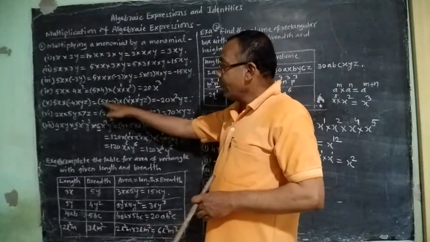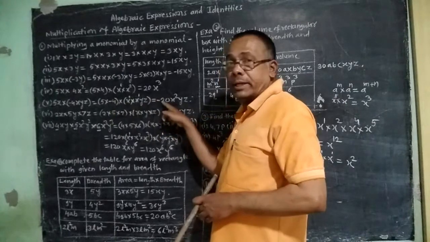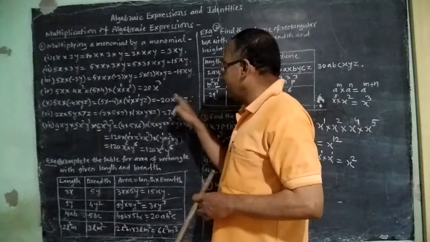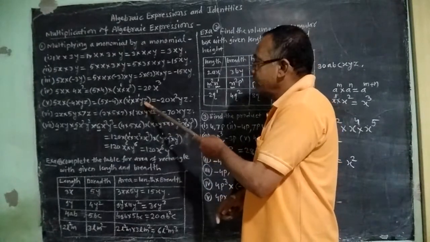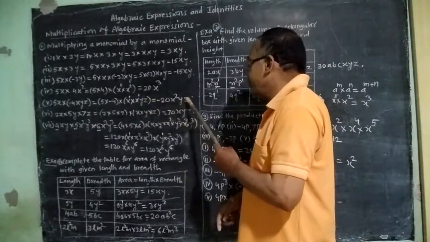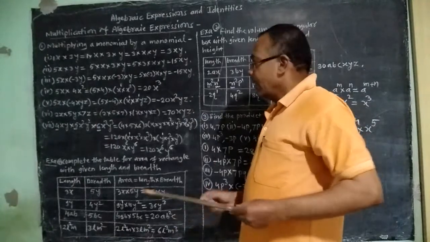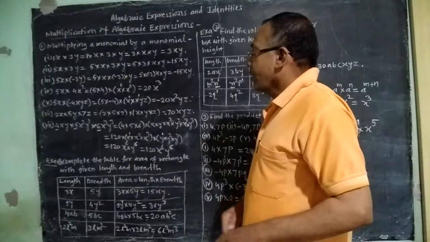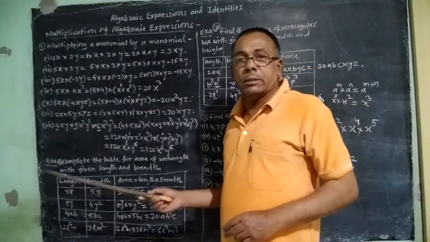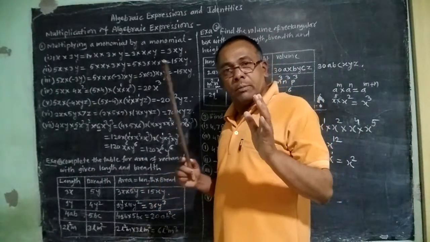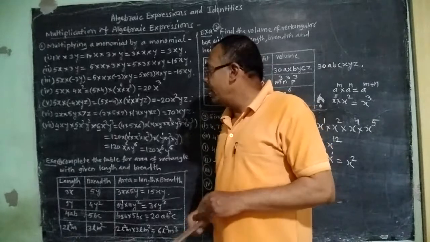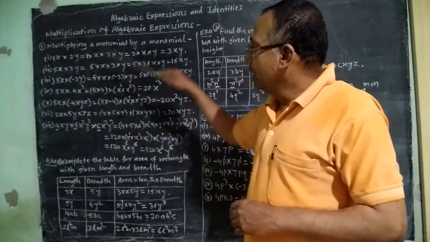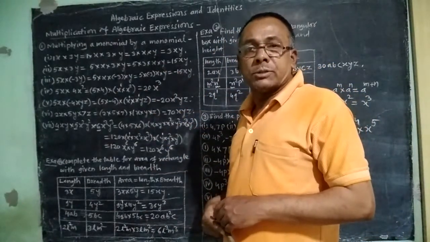Here 5 into minus 4 will be minus 20 x square. Here y is alone, z is also alone, so I have written y and z as it is. So in this way we have seen how to multiply a monomial by a monomial. Here all these are monomials.